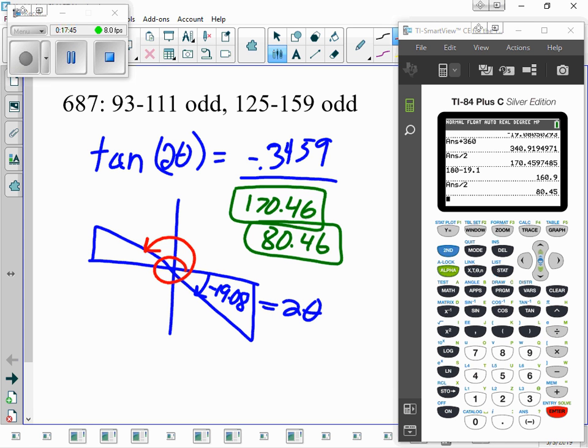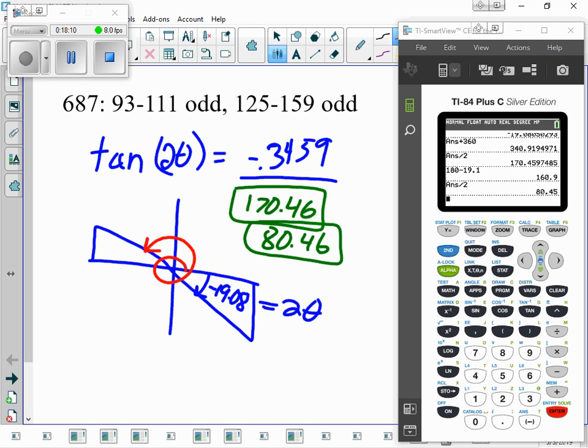There are lots of ways to do it. 360 plus 180 minus 19.1 would work. What's another way to do it? 160.9 plus 360 would also work.